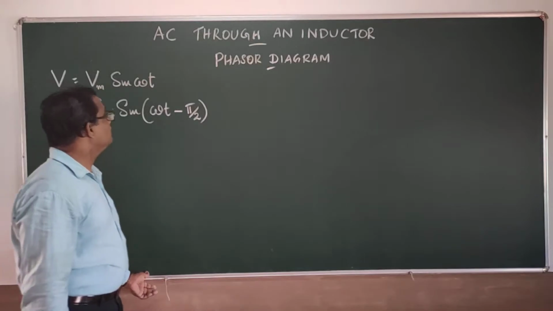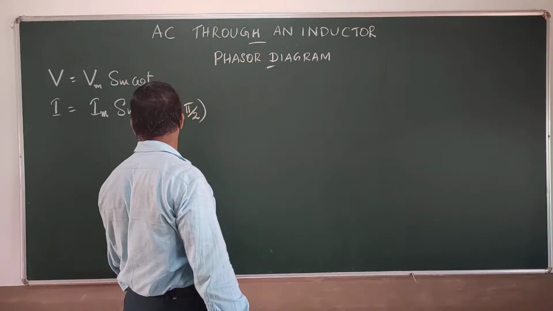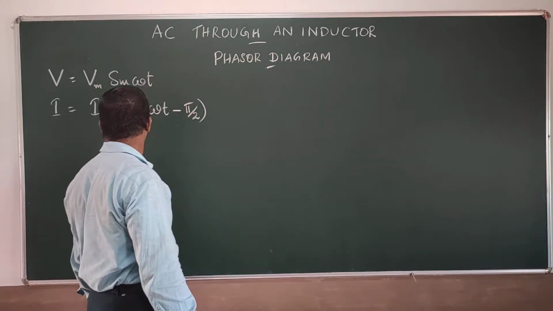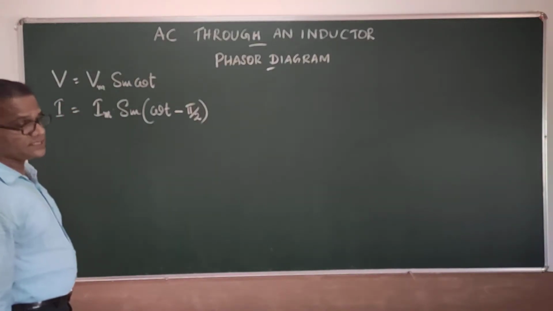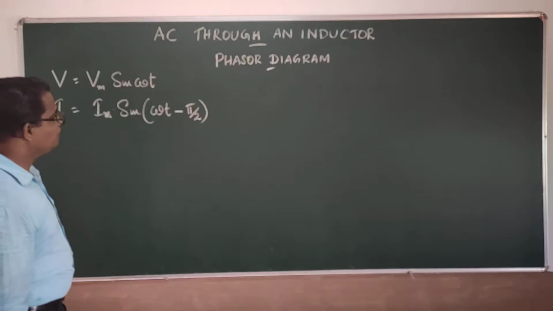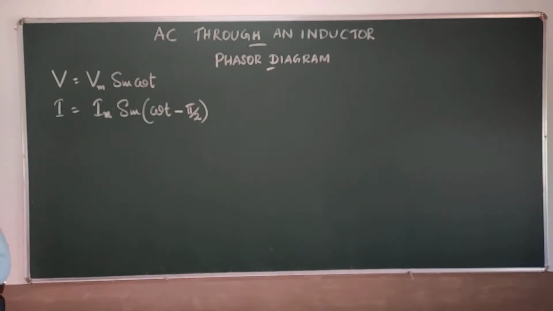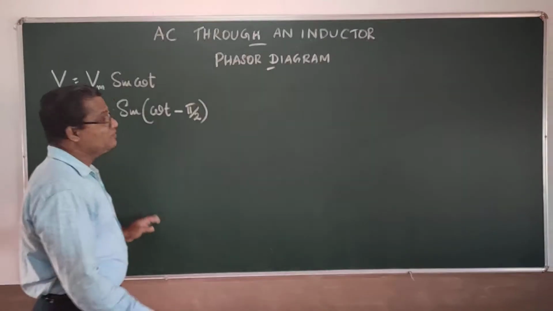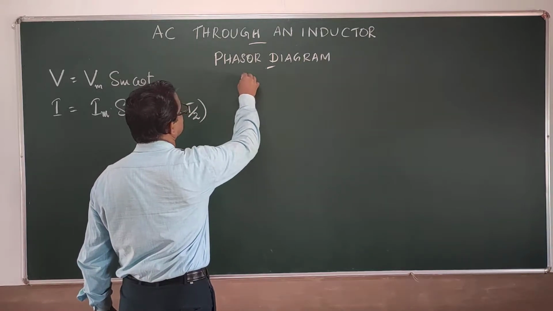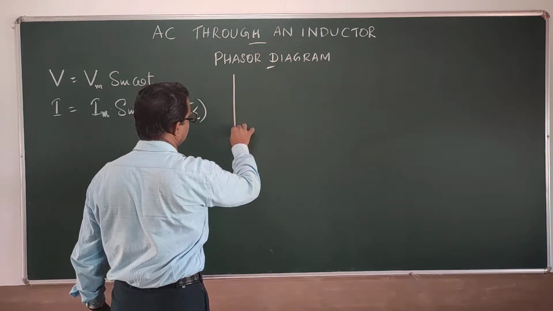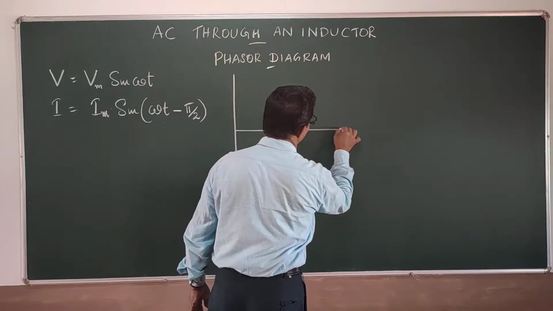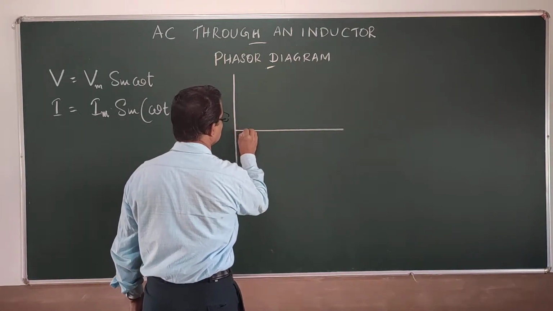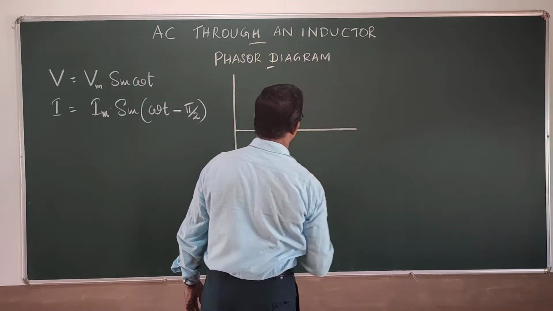This is what we have seen. So this has to be represented by the phasor diagram. And for that, let us consider the waveform first. So when I draw the waveform, I will be getting the wave like this.